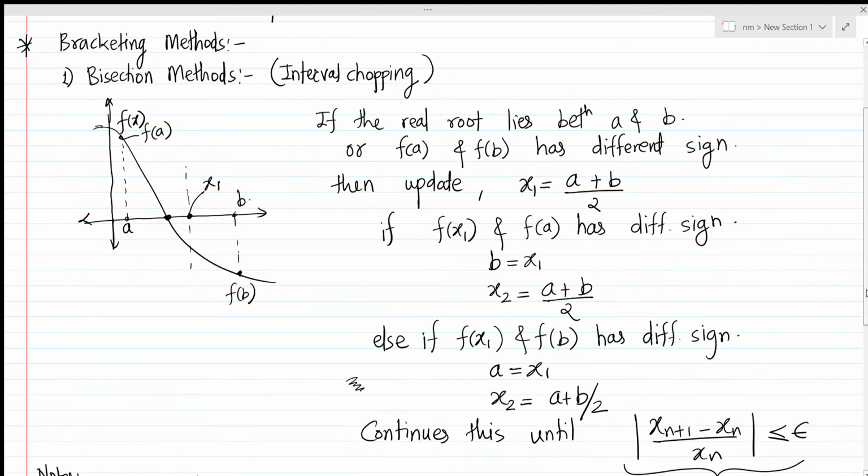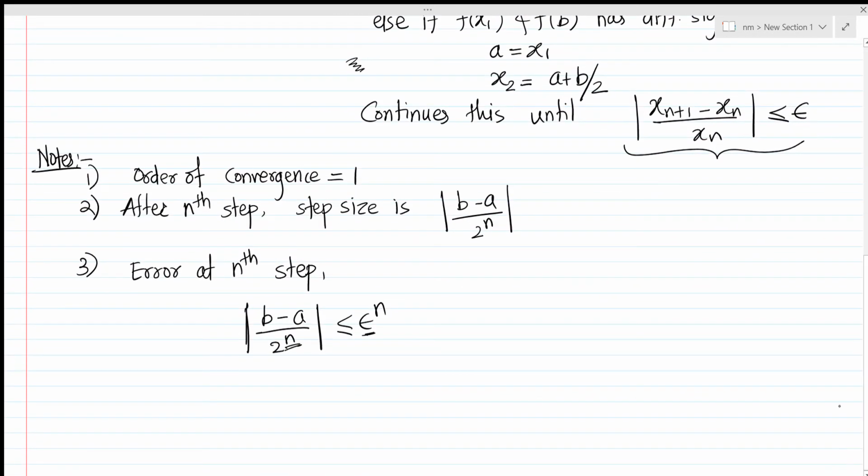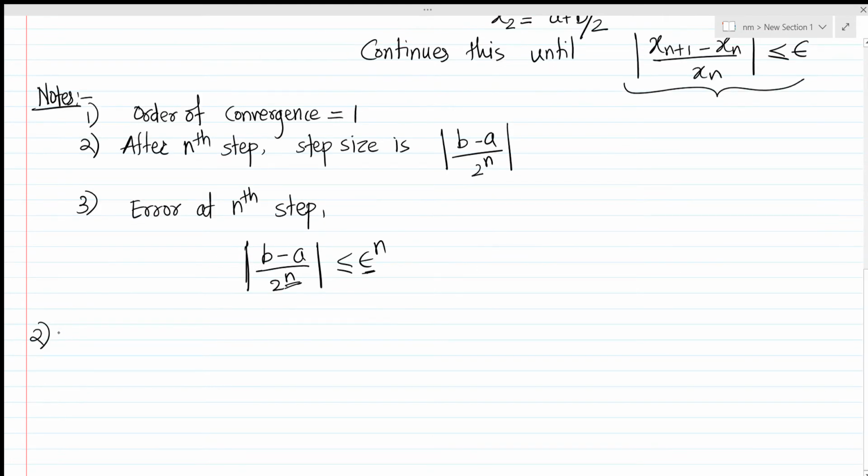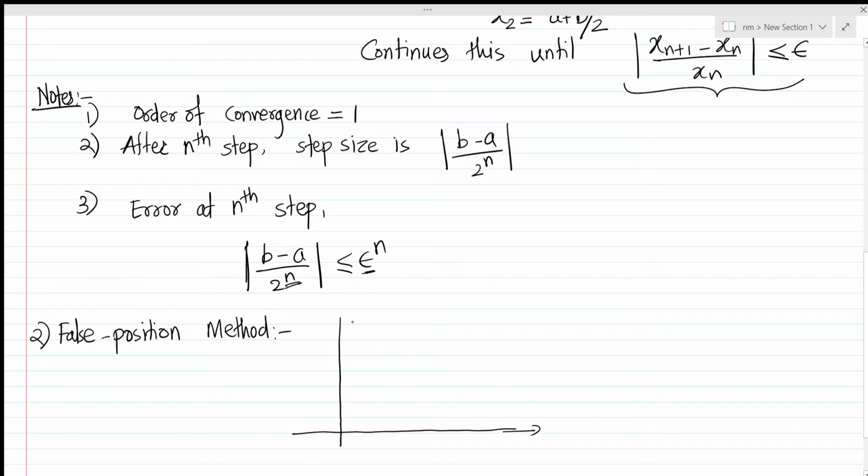Next, this is the first bracketing method. The second bracketing method is the false position method. In the bisection method, we just take the average of the two values and consider it as the next update to the root, but we do not consider whether it is near the actual root or not.